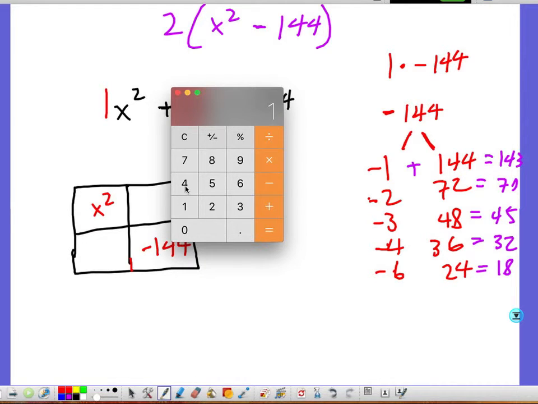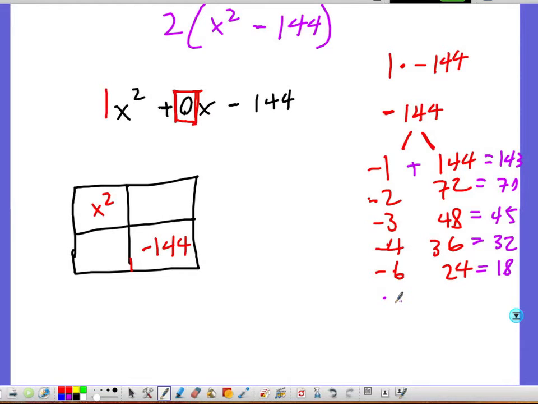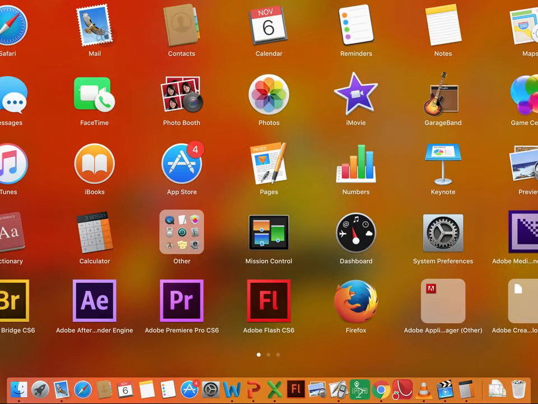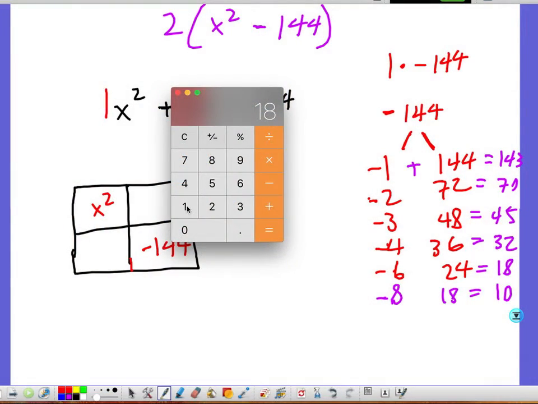Let's see, 144 divided by 7. We want to only use whole numbers here, so 144 divided by 8. Negative 8 and 18. Well, when I add those together, that gives me 10. Seems like we're getting closer, though, to 0. 144 divided by 12.